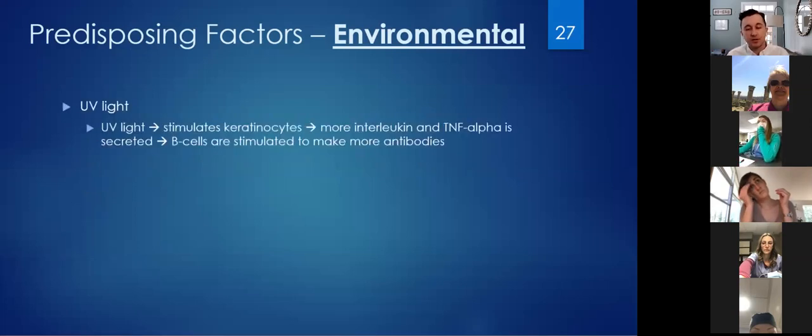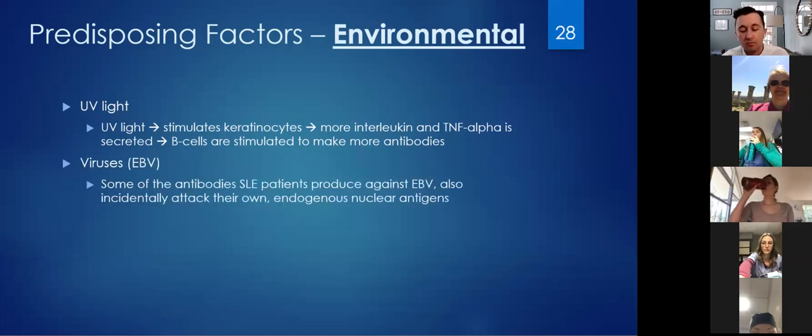We all know that UV light is an issue, and it's not that these patients are just sensitive to UV light. UV light actually stimulates their immune system to make more autoantibodies, okay? Viruses also play a role. Lupus patients who have higher titers of EBV tend to have worse disease, and that's probably related to the antibodies which are produced against EBV also tend to attack their own healthy nuclear material within their cells, which we'll talk about.